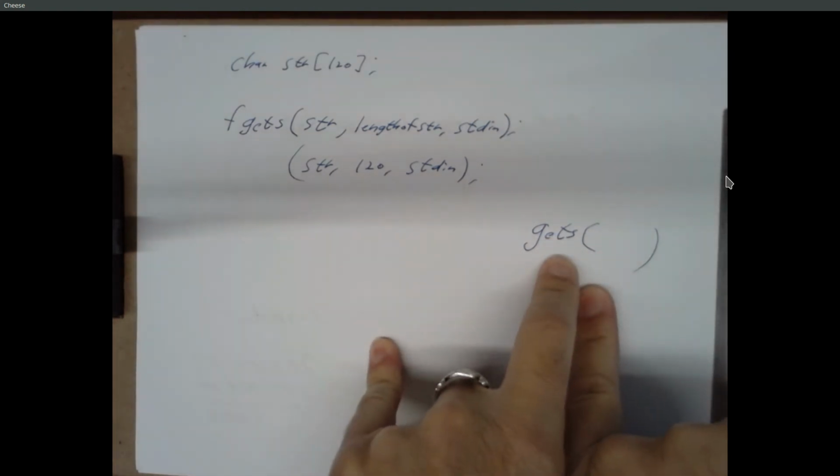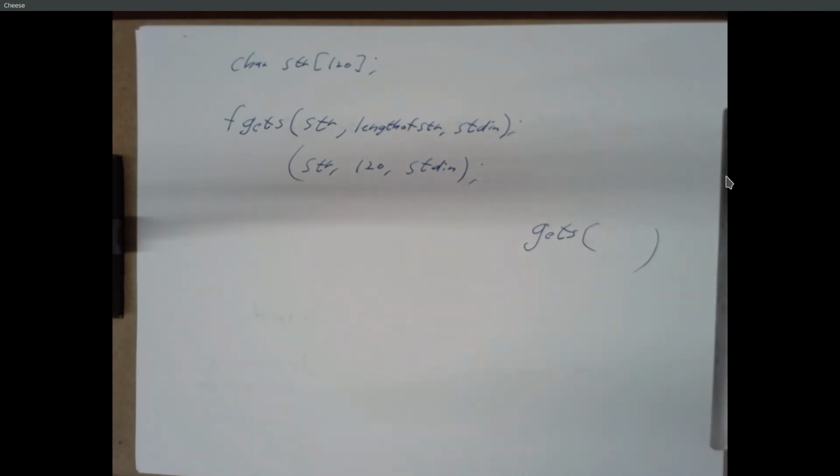So if you type in 5 million characters, it will take all 5 million characters and store them at your string starting with the first character. After 120 characters, say you're at the end of your array, now you're working with some other variables that happen to be next in memory. That's where it's going to store the input.